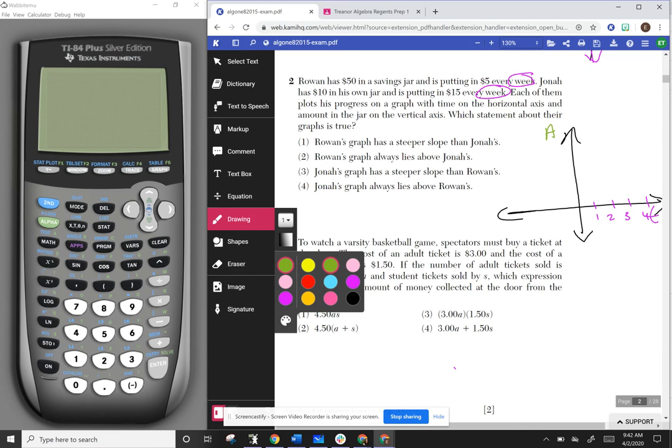It looks like we need it to go by tens, right? $10 in his own jar. He's putting in 15. We have 50 every week, 50 starting out and 5 every week. So I'm going to do some lines here as well.